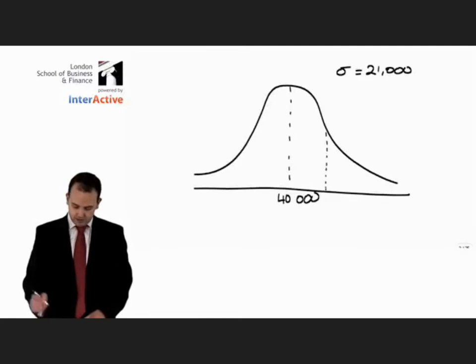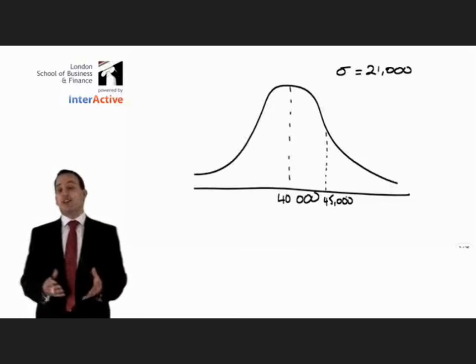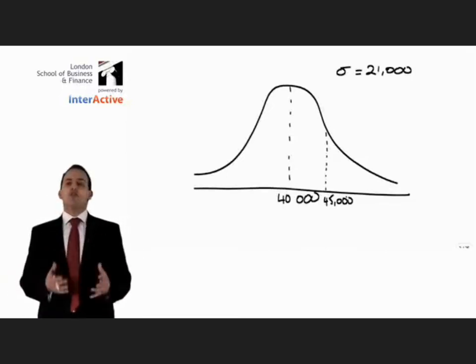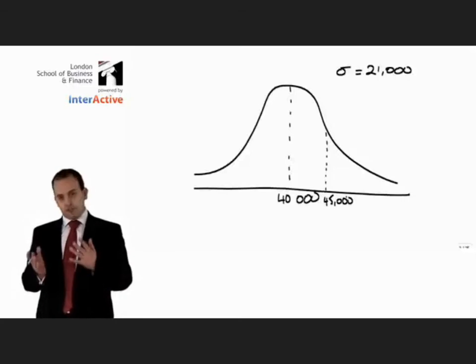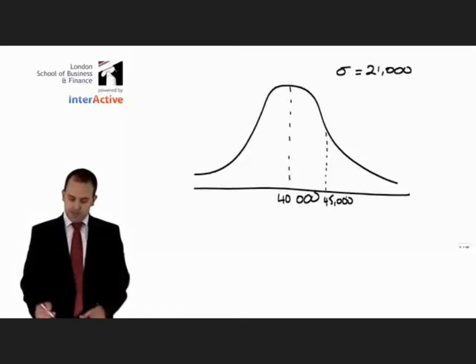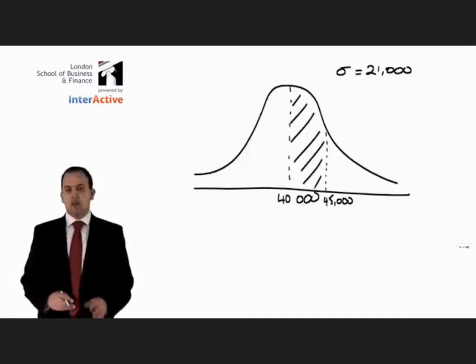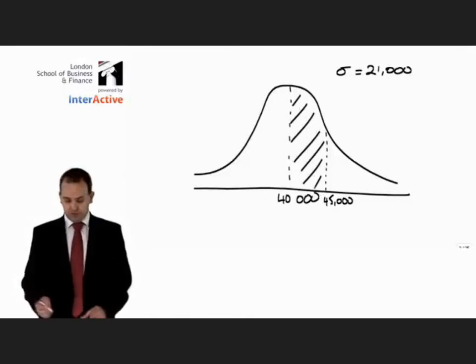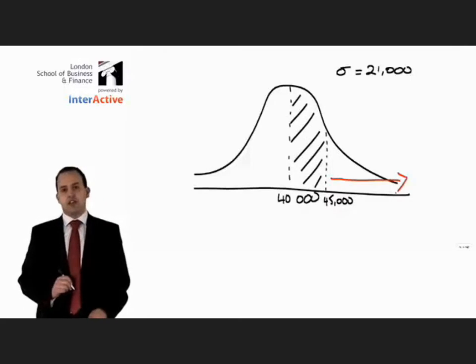approximately here. Don't worry if it's not to scale, you're just trying to get the idea of which figures you are trying to calculate. Now, by using the table, it's going to give us the probability of the area between the figure we are considering and the mean, which is this area here. However, the question wanted the probability of being greater than 45,000, which is represented by this area here.